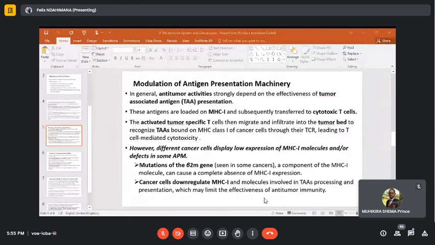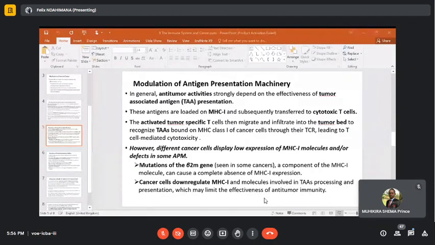But now, different cancer cells display low expression of major histocompatibility complex class 1 molecules and/or a defect in some antigen presentation machinery. As we said, if you still remember, there is very little MHC class 1 in the central nervous system, which makes infections that affect that area very hard to remove.